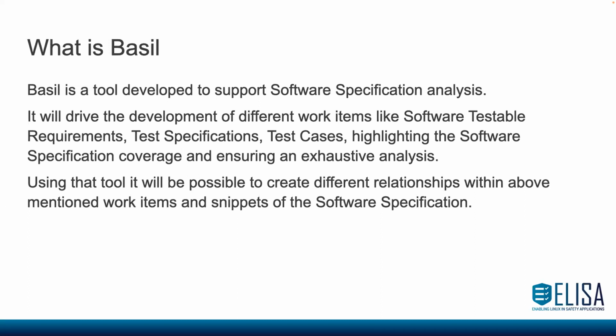And it will drive the user in the development of different work items, as we will see soon, like software testable requirements, test specification, and test cases, highlighting along the way the coverage of the software specification and ensuring an exhaustive analysis. This tool was presented to the ELISA community last June during a workshop in Berlin. And thanks to the interest of the community, we are going to publish it as an open source project in the ELISA GitHub repository. So stay tuned.